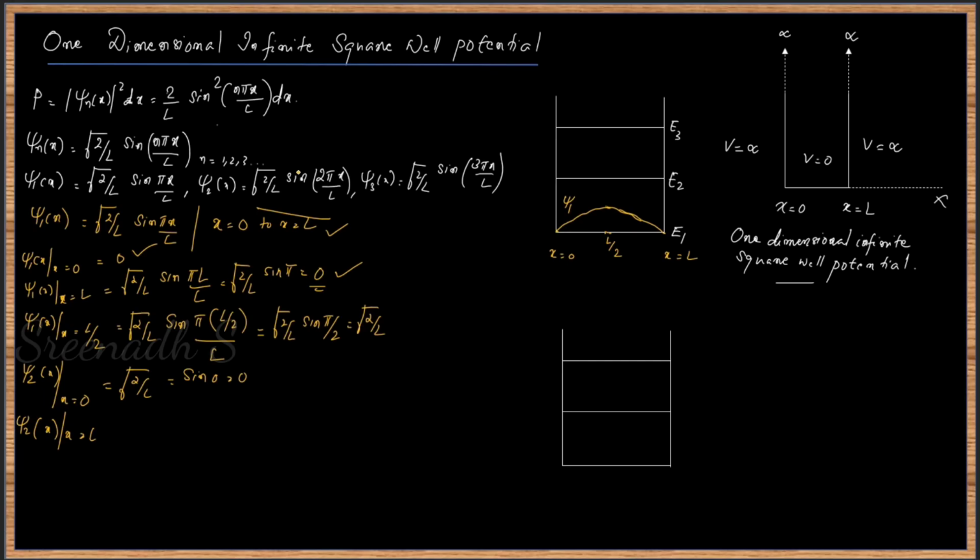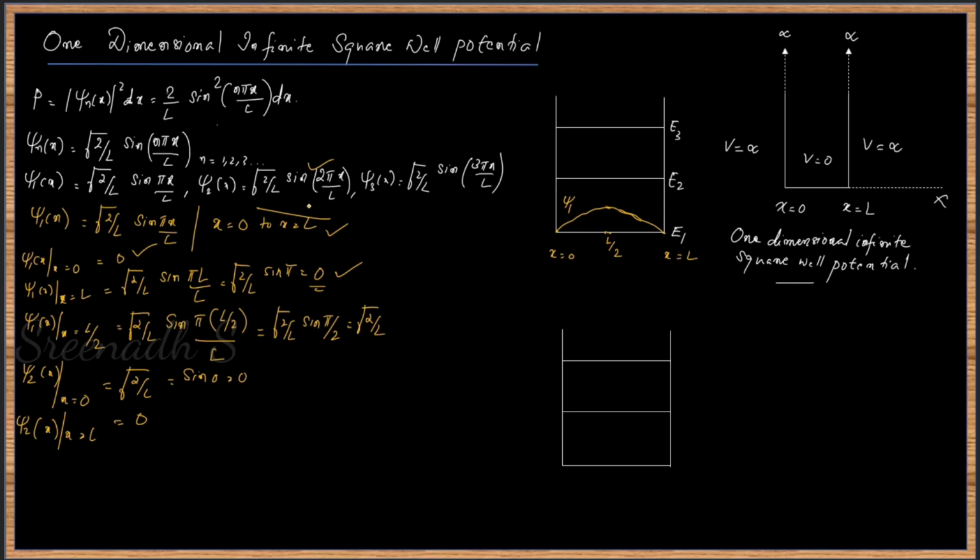So sine 2 pi is also equal to 0. Now we need to divide this. We can take x from 0 to x equal to L. For what values will we get different values of sine theta? Sine theta has a maximum value of plus 1 and a minimum value of minus 1.